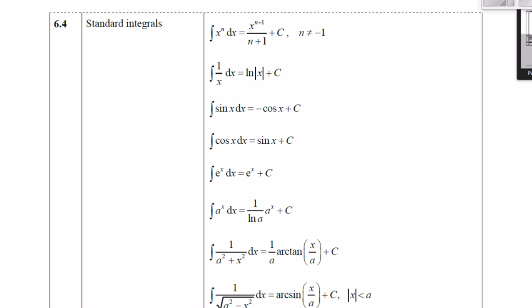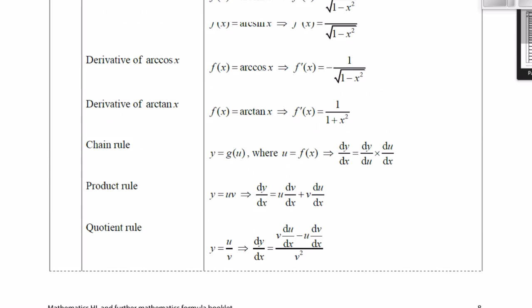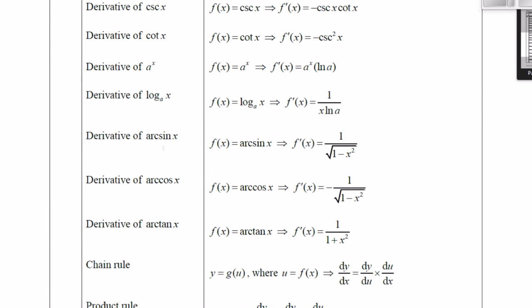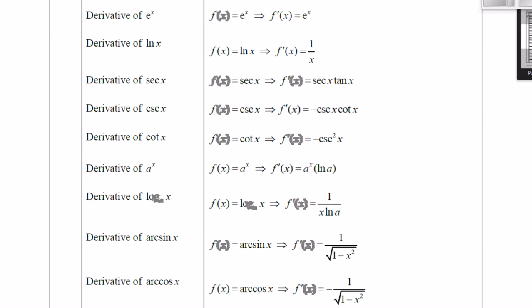So if you look in your formula booklet, standard integrals, most of them are here, except the one for sec squared x, which you can find by looking at derivatives. So you know that the derivative of, where is it?